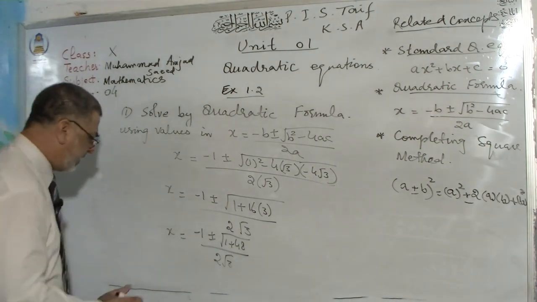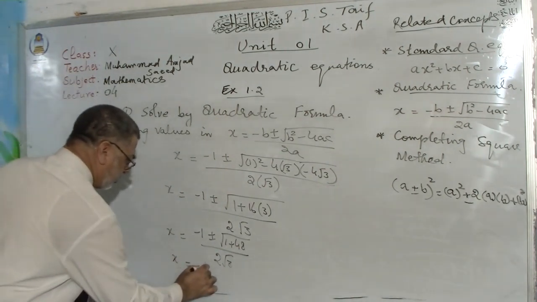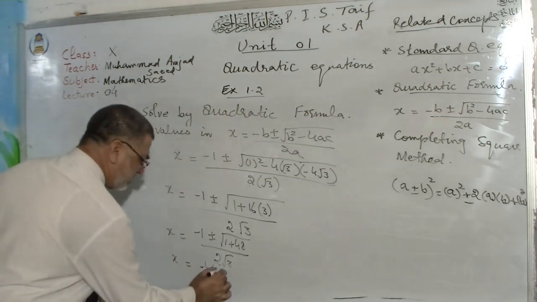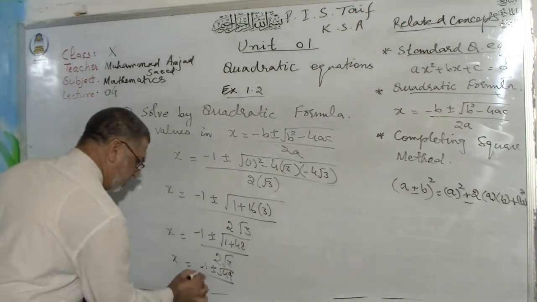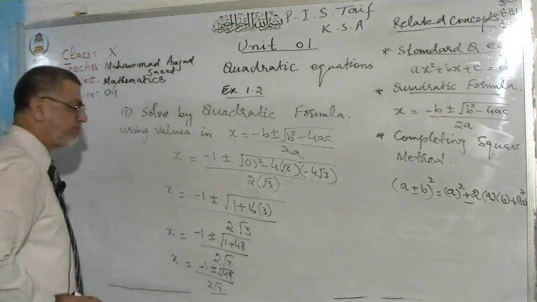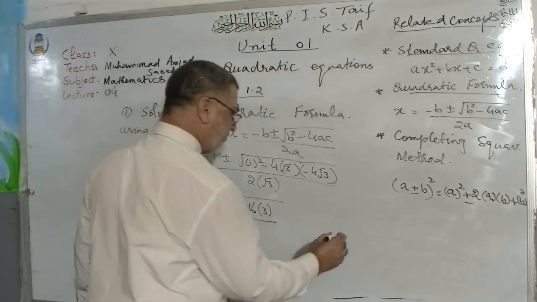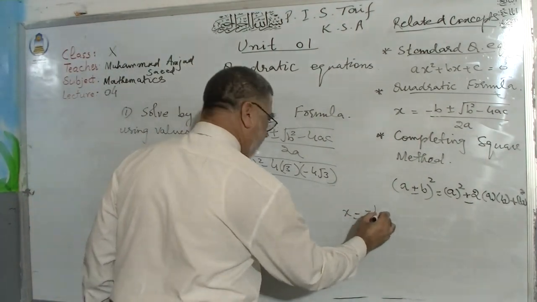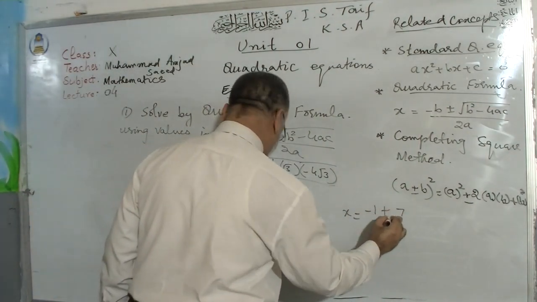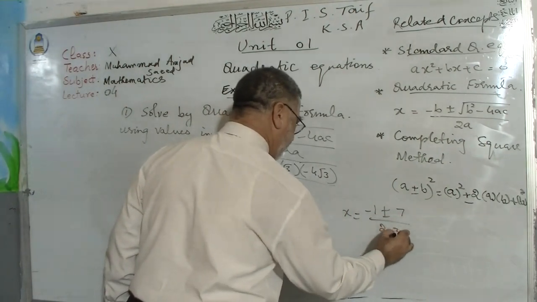Remember that here x is equal to minus 1 plus minus the square root of 49 over 2 times 3. We will have x is equal to minus 1 plus minus 7 over 2 times 3.